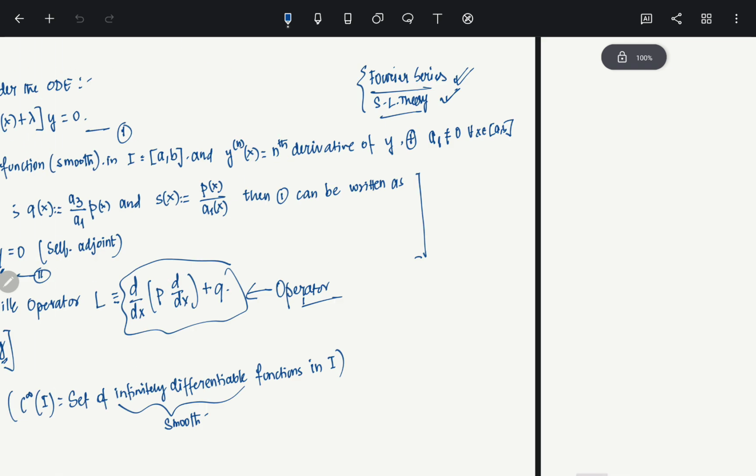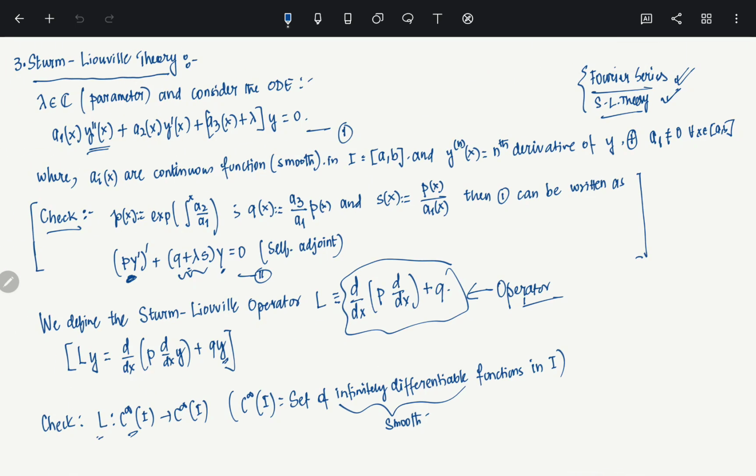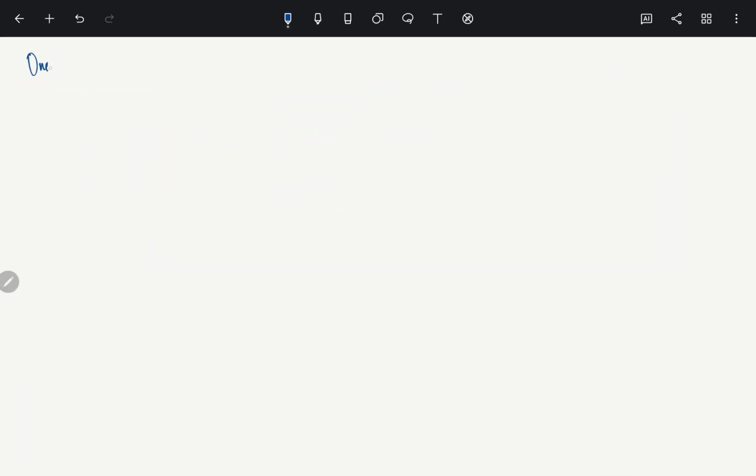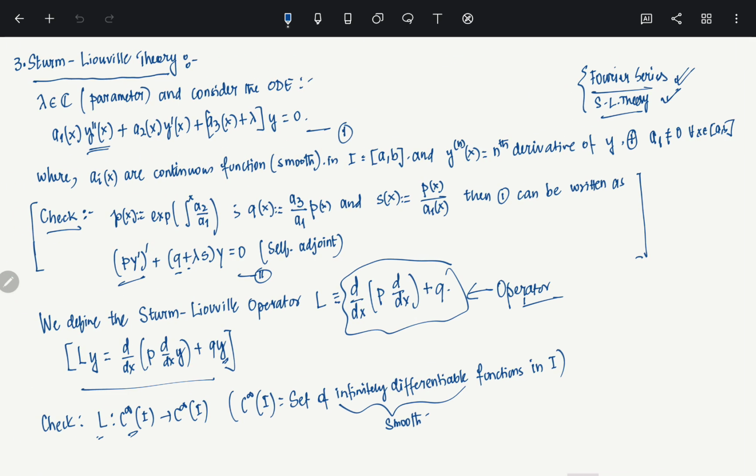Now if you call L this operator, then you see (p y prime) prime plus q y plus lambda s y, this extra term is there. This part, (p y prime) prime plus q y, is L of y, plus the lambda s y part. So one can rewrite equation 2 as L of y plus lambda s y equals 0, right?